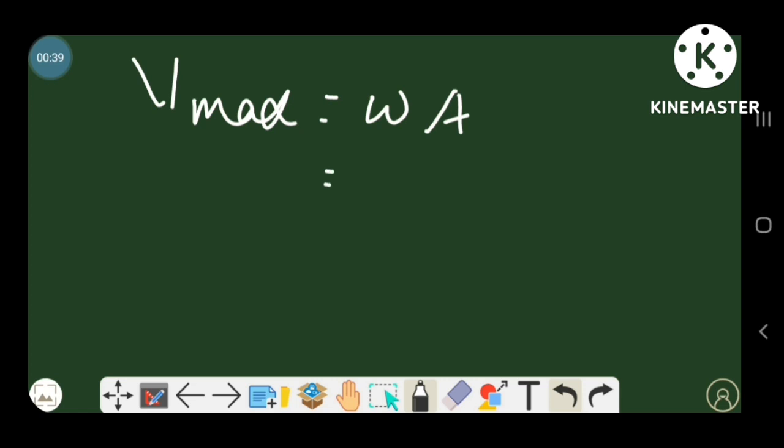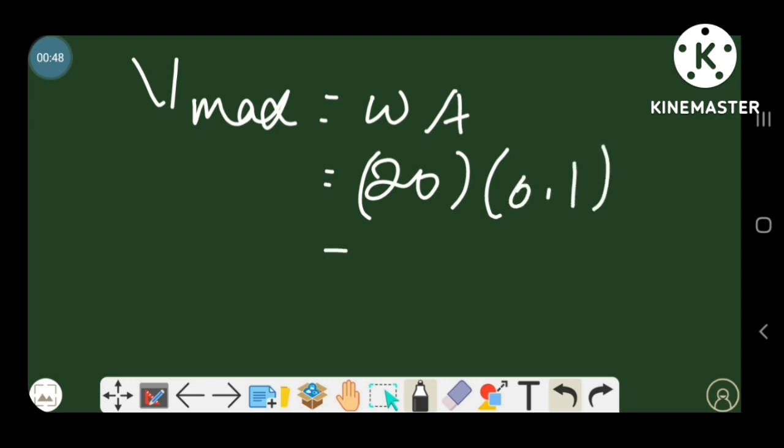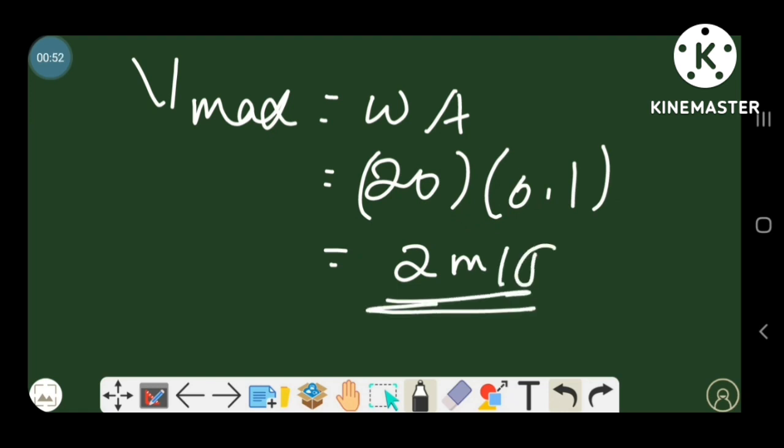When we substitute, omega means 20 times the amplitude 0.1, which finally gives 2 meters per second.